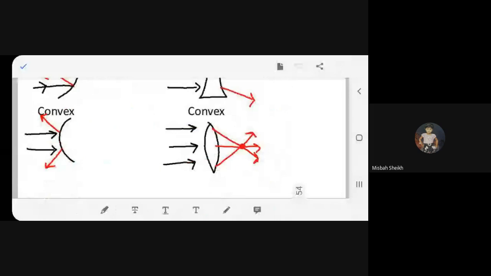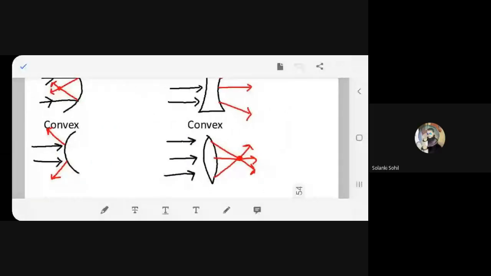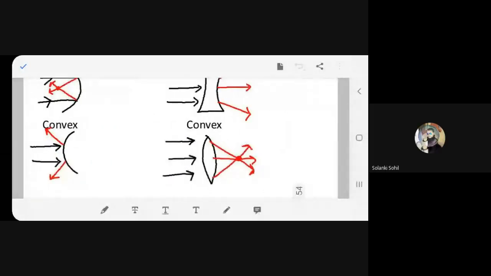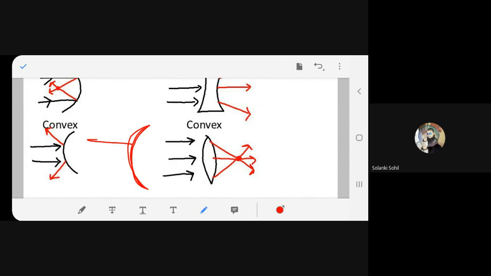Let's talk about convex. This is the convex mirror, right? The rays come, it gets diverged. Got it?